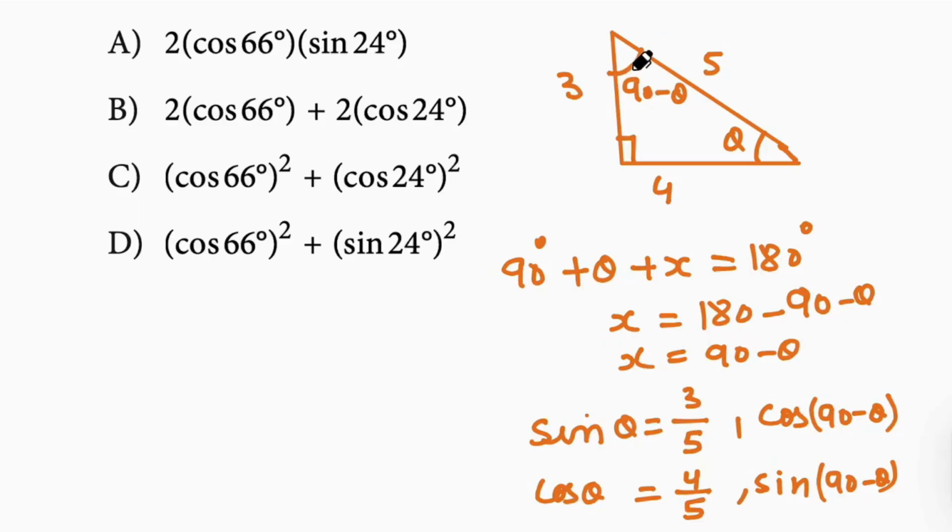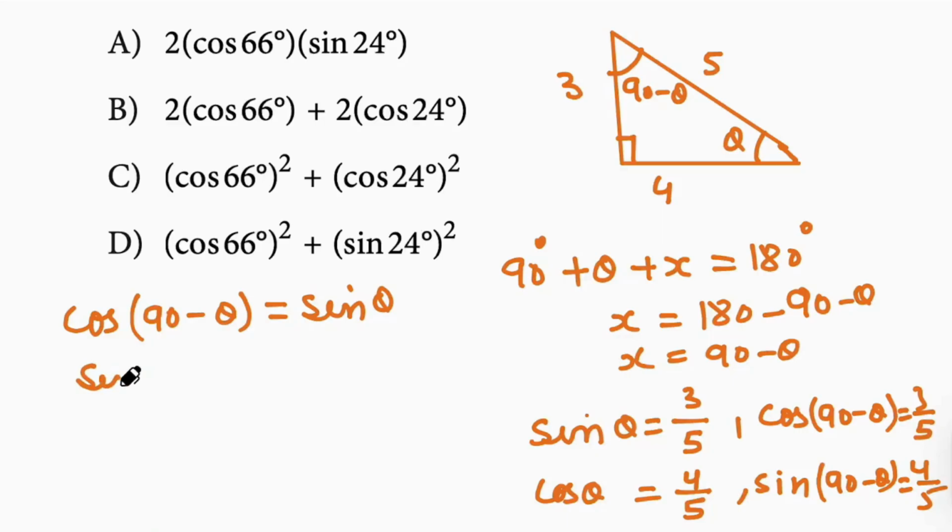For cos of 90 minus theta, adjacent is this and hypotenuse is this, and for sine of 90 minus theta, opposite is this and hypotenuse is this. So you see, sine theta is equal to cos of 90 minus theta, or cos of 90 minus theta is equal to sine theta, and sine of 90 minus theta is equal to cos theta. So these are the two identities you have to learn after understanding why these are equal, right?